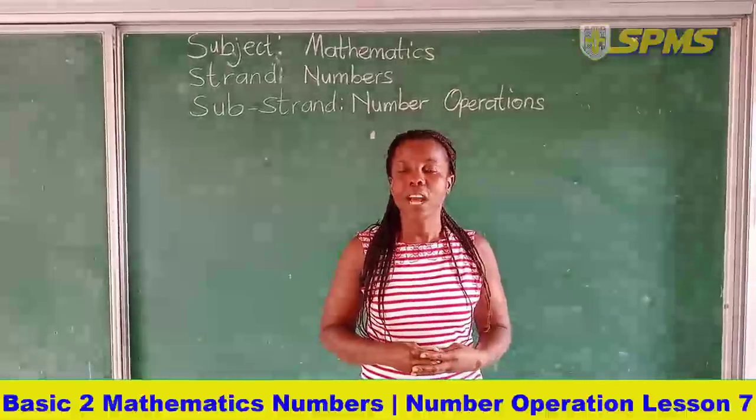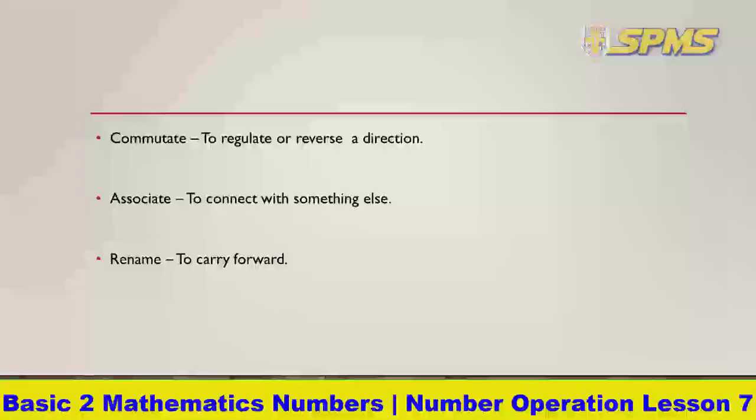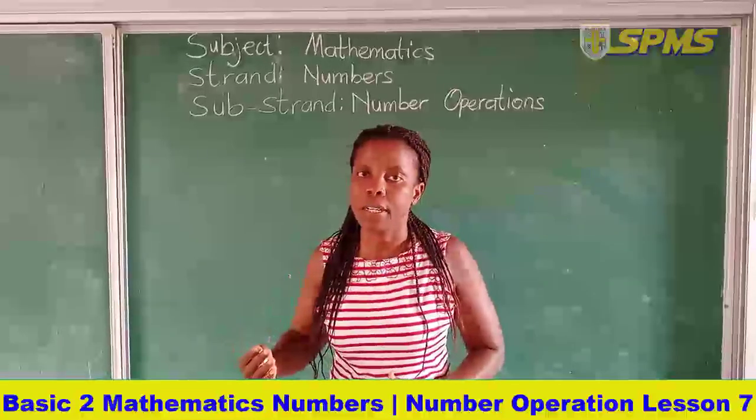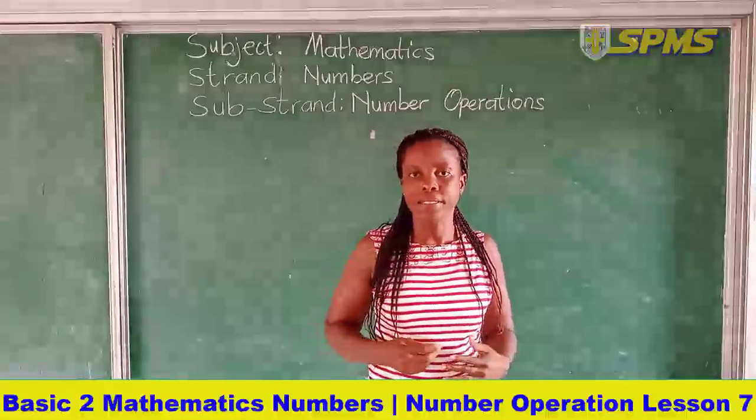Good. Then our final keyword is rename. Remember our second objective, I said you should be able to add two-digit numbers with renaming. So what does it mean to rename? Rename means to carry forward. So we are going to carry something forward after adding.